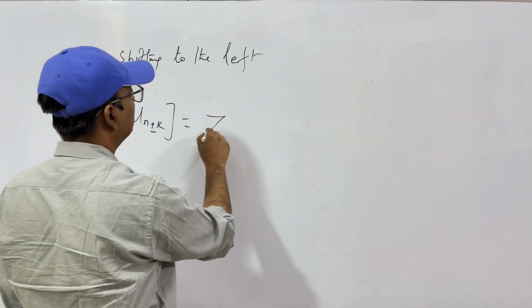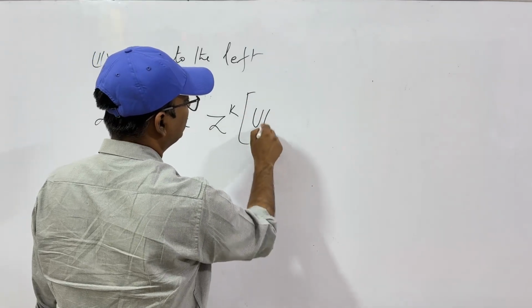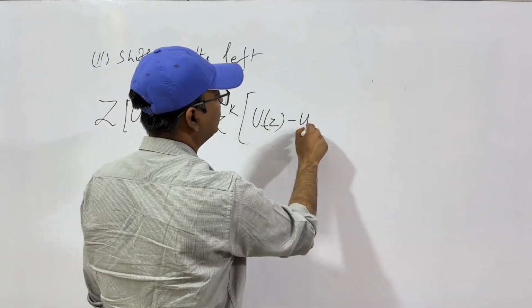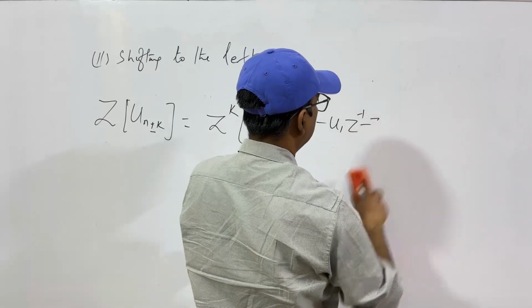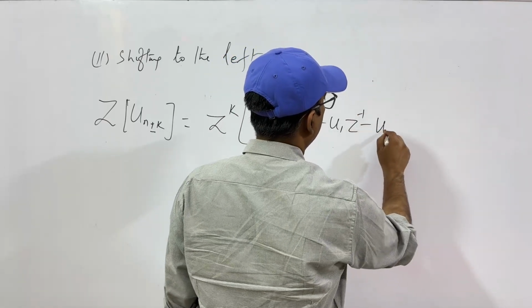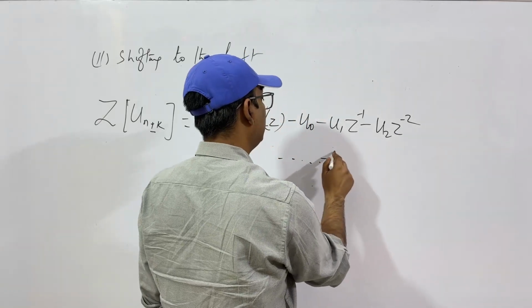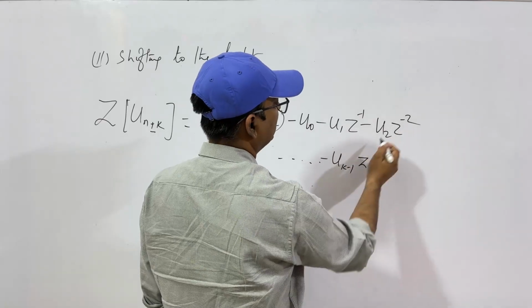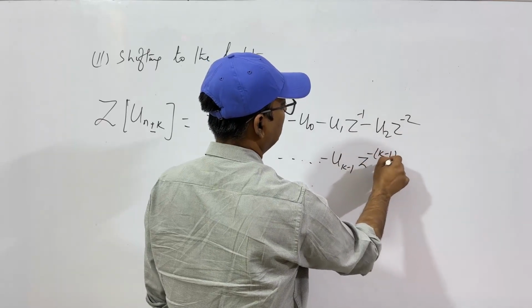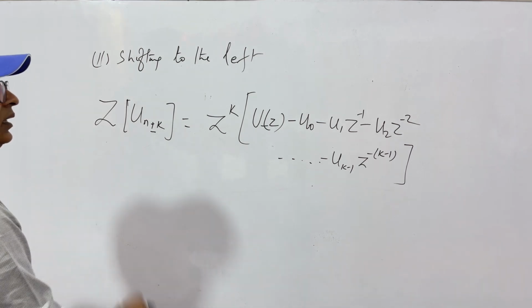We get z to the power k into U(z) minus u0 minus u1 z to the power minus 1 minus u2 z to the power minus 2, up to the point where you have minus u(k minus 1) z to the power minus (k minus 1). So this is how we shift to the left.